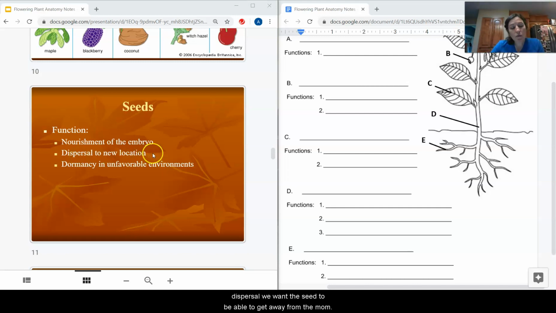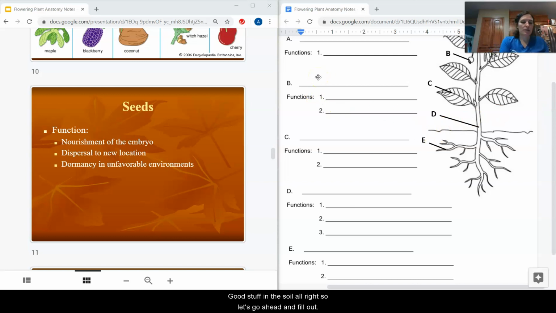Again, dispersal, we want the seed to be able to get away from the mom. And if it's like winter and there's not any good soil or there's no sunlight, then that seed also would provide dormancy for the plant until it can get some favorable conditions, maybe good stuff in the soil.